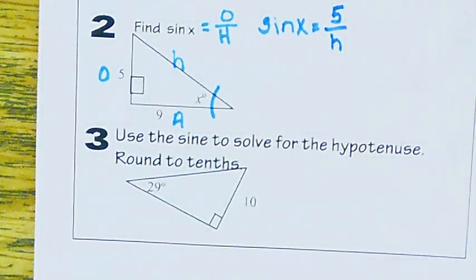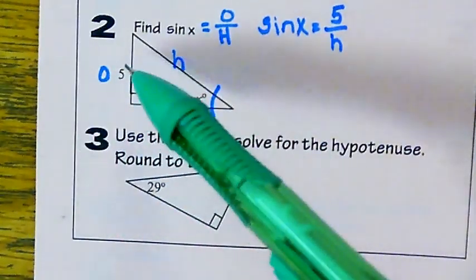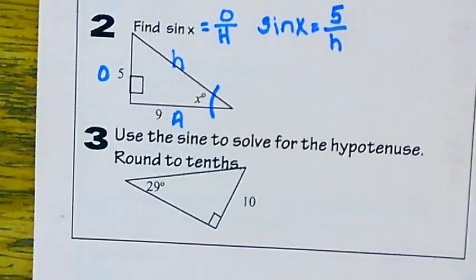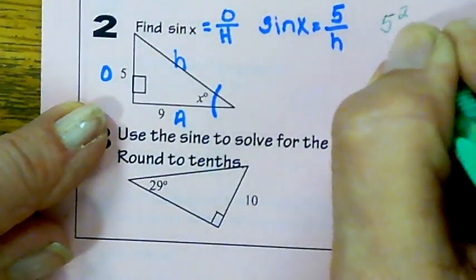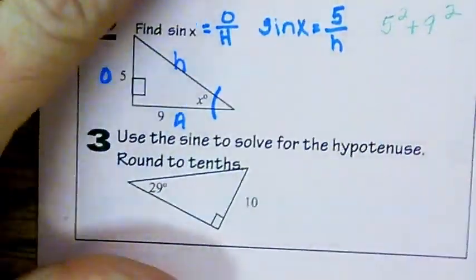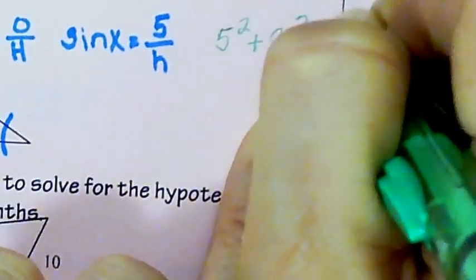Well, they want us to actually figure out what that number is. And to do that, we're going to pull out old stuff. Okay? So if we know 2 sides of the triangle, how do we find the third side? Pythagorean theorem. So we're going to do 5 squared plus 9 squared equals, I'm just going to say h squared or c squared.